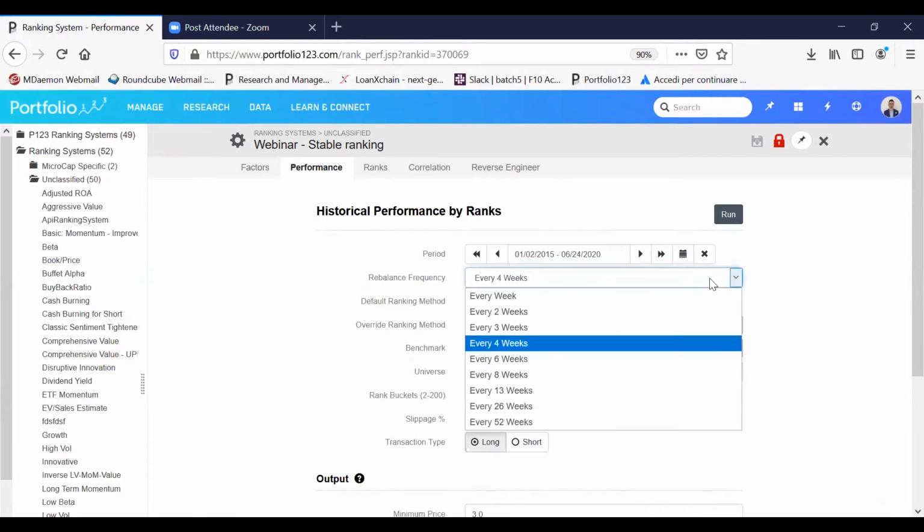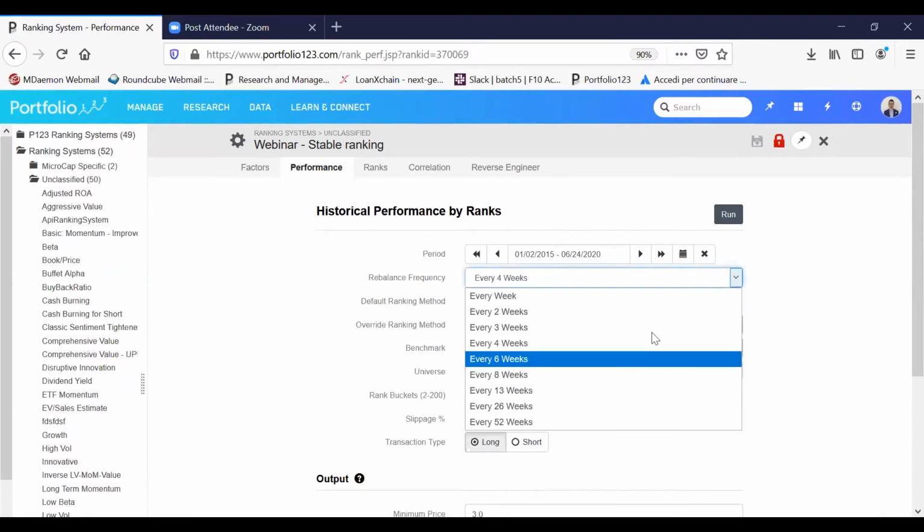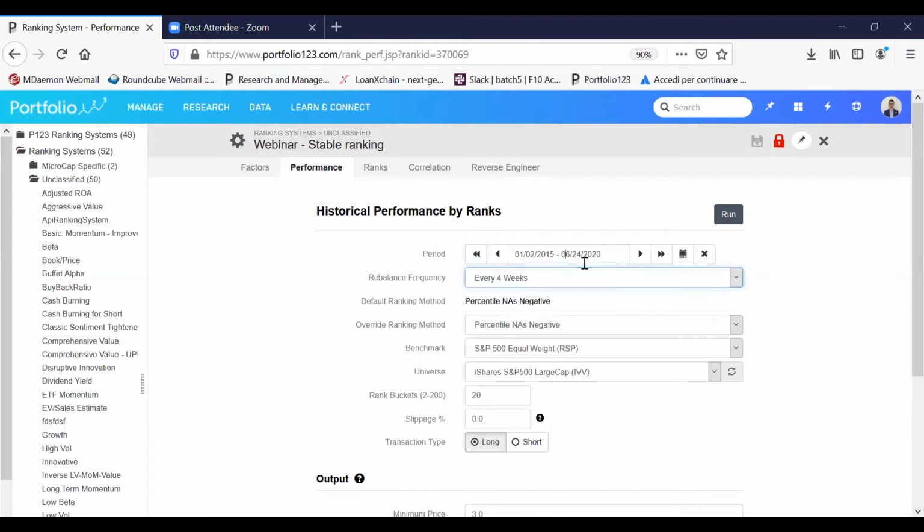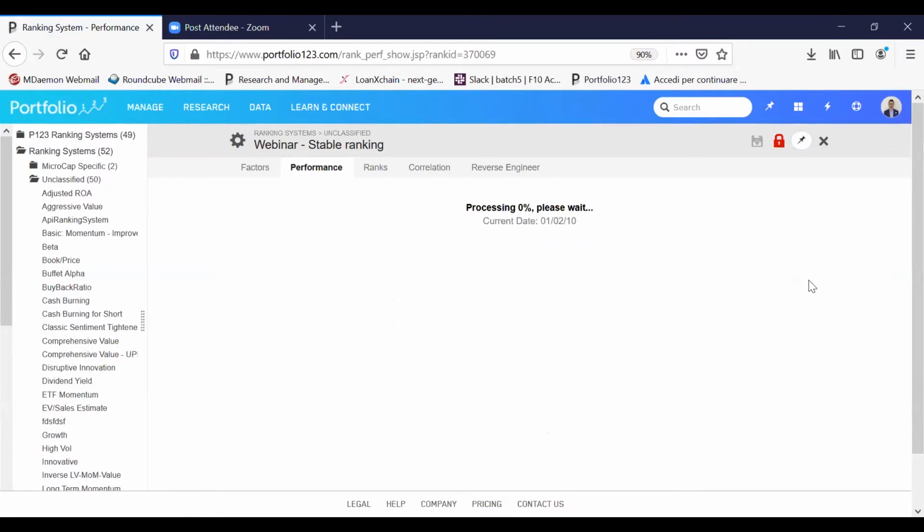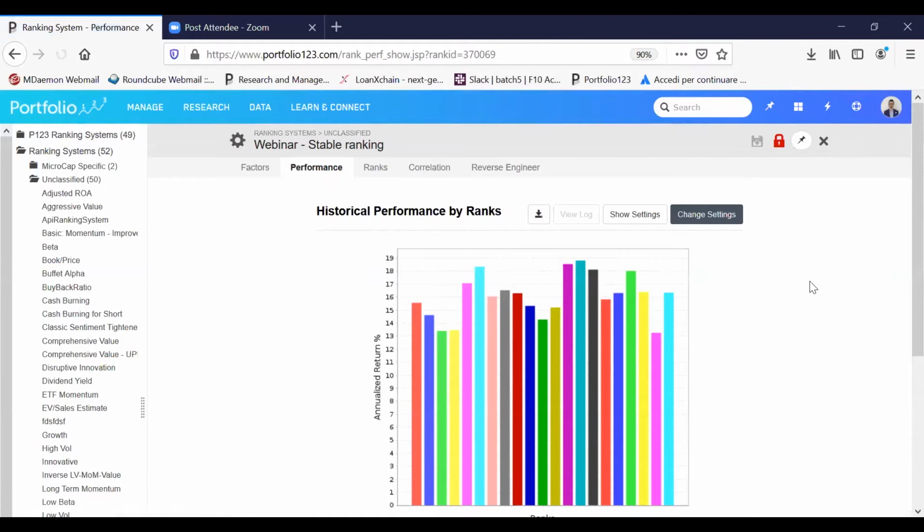That may have something to do also with rebalance frequency that we are going to test in a minute, but we are also looking at a different time frame, because of course we want to really try to maximize all the angles that you can see this ranking system with the data that we have available.